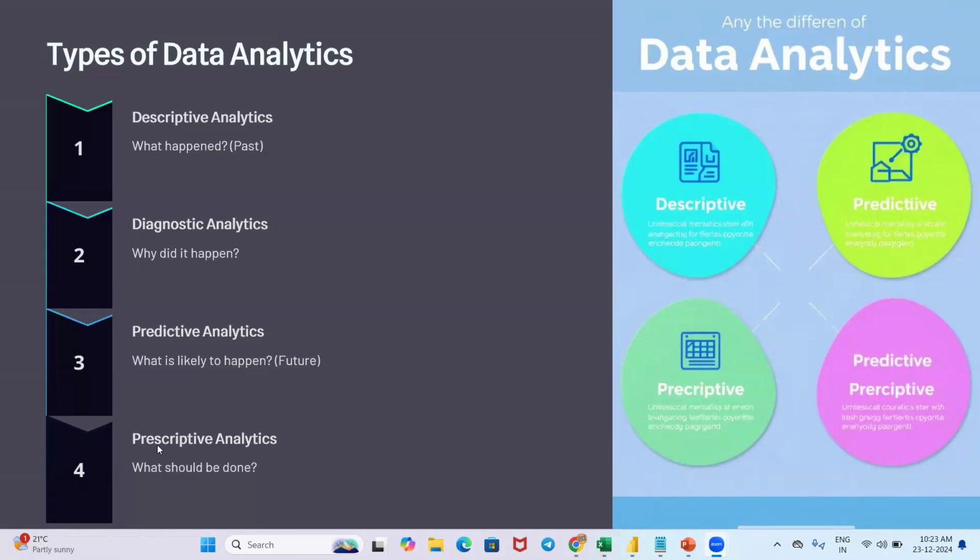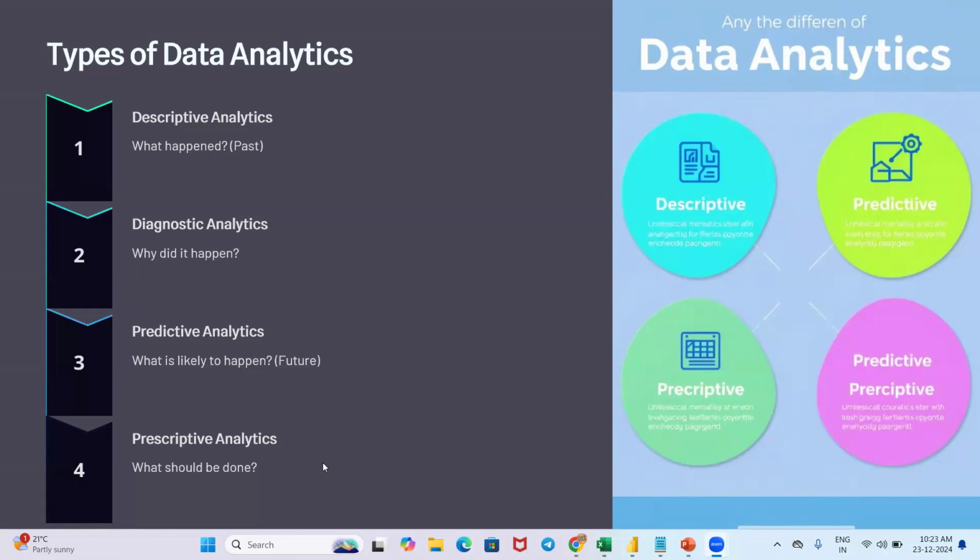So that step is known as prescriptive analytics. Apart from these four, we have many other data analytics, and these are the top four analytics that we will be doing in real time: descriptive, diagnostic, prescriptive, and predictive.